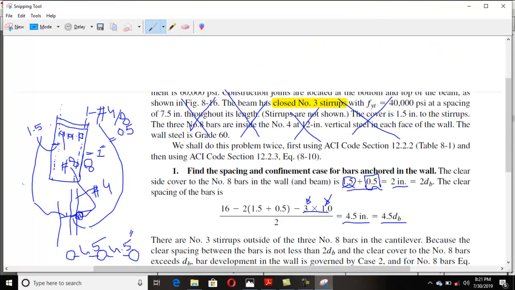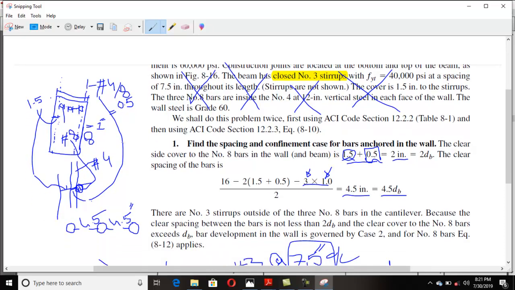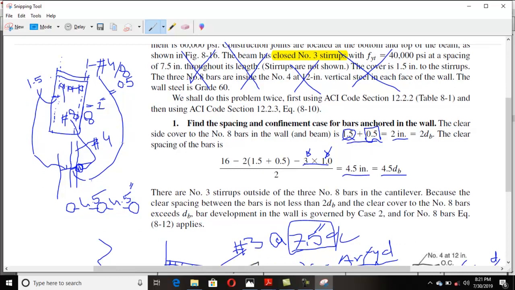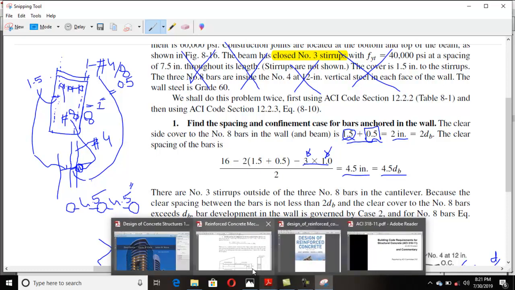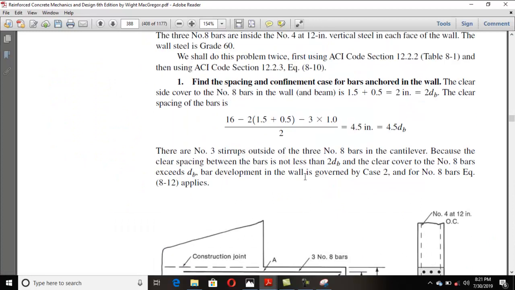This means that the clear spacing between the bars, we have 4.5, and we have 2. Although this criteria is met in my view, because it says the clear spacing between the bars is not less than 2 dB.